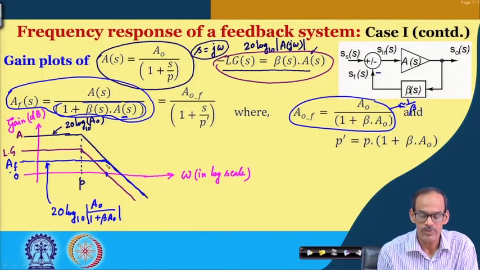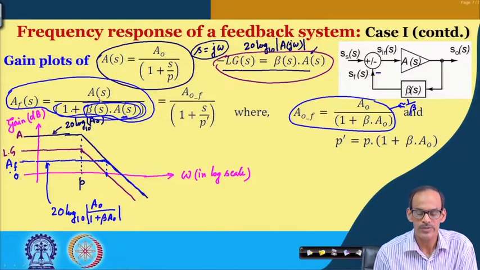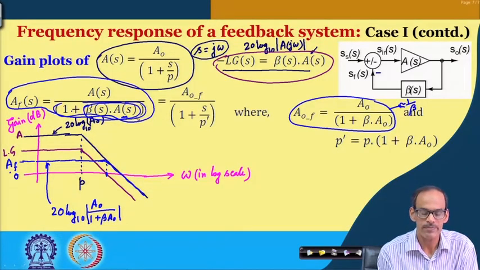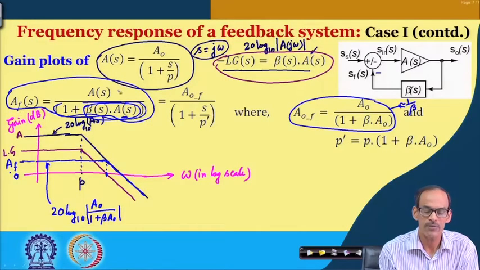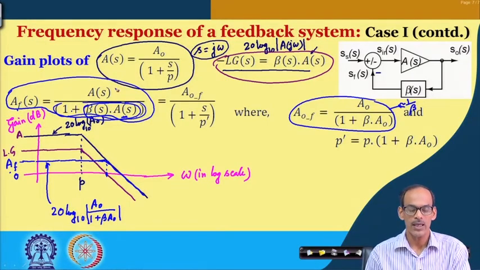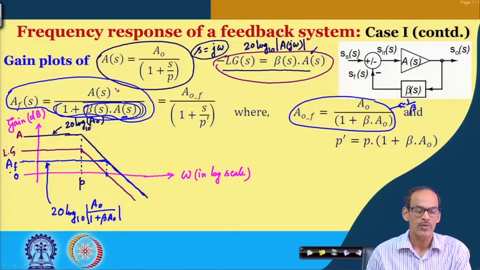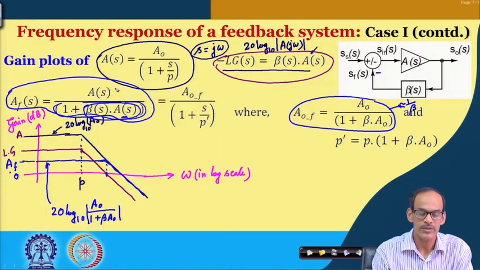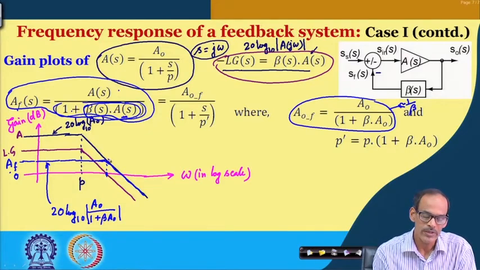Because from this frequency onwards, this part gets very small. If I ignore this part compared to 1, then AF equals A, or AF of j omega is equal to A of j omega. So, from this point onwards AF follows A.